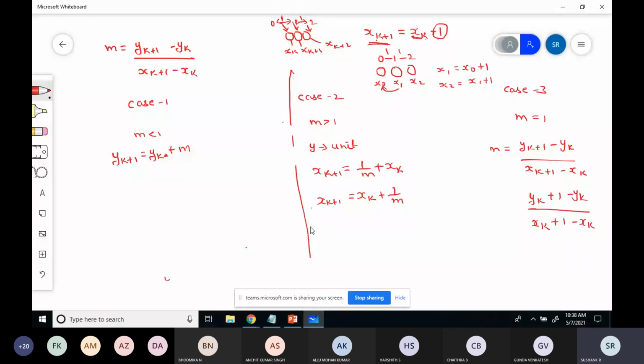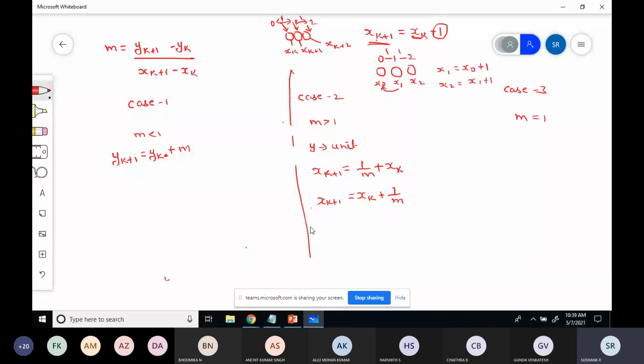I'm not explaining here because we have learned it previously. So this and this will cancel, and m will become 1. That means both the values will move in unit directions. So now we'll solve one problem. If we solve the problem, we'll understand this better.